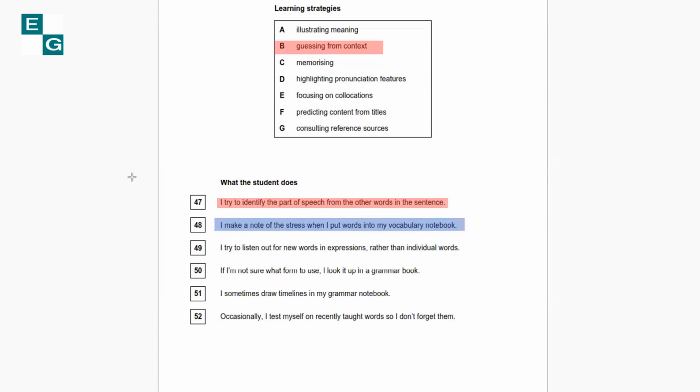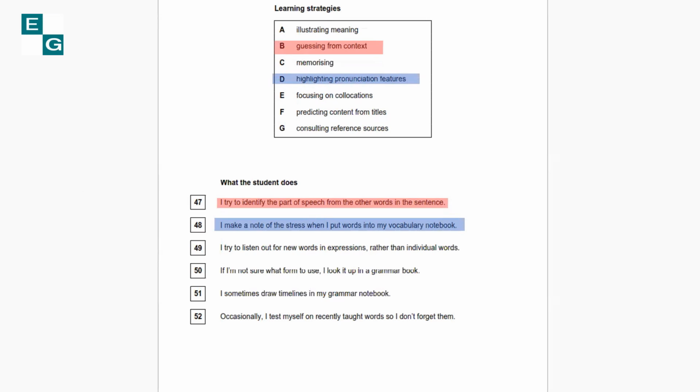So you have a vocabulary notebook, but you are trying to make notes of the stress of the word. If you do that, you are going to be highlighting pronunciation features, because a pronunciation feature is word stress, sentence stress, and this is how you can understand it better.